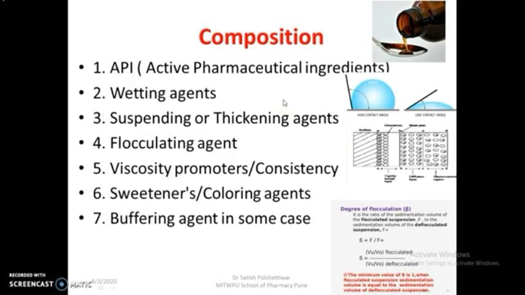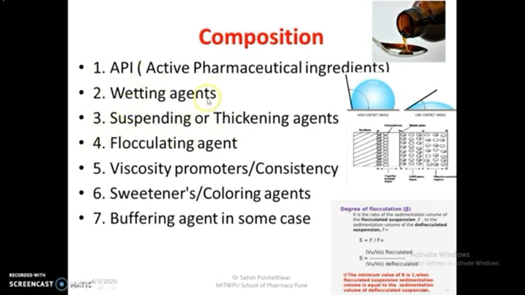And at last we see the degree of flocculation. The degree of flocculation is beta, equal to F upon Fw, which is equal to HU upon H naught over HW upon H naught, which is equal to HU upon HW.